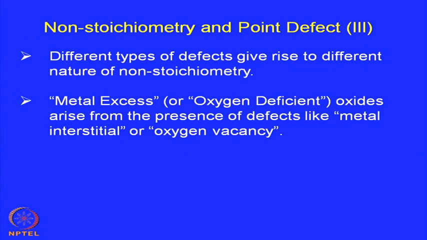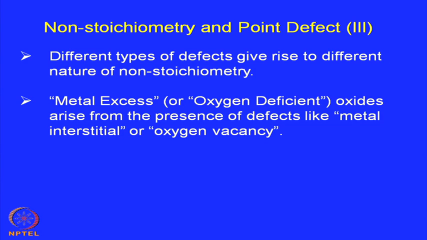Different types of defects give rise to different natures of non-stoichiometry, which I also briefly mentioned. Metal excess or oxygen deficient oxides arise from the presence of defects like metal interstitials and oxygen vacancies. So, it is basically a ratio.